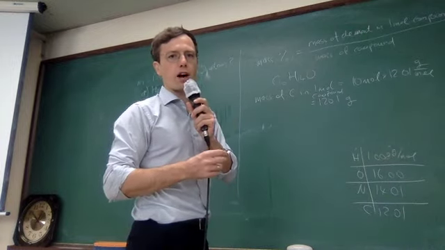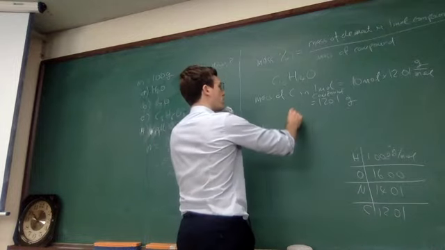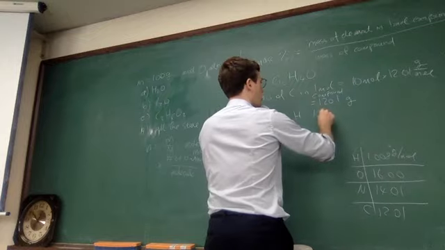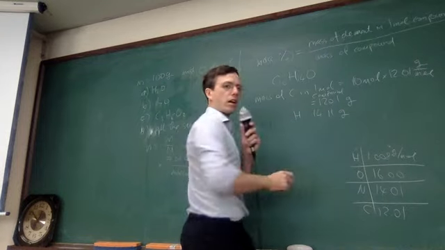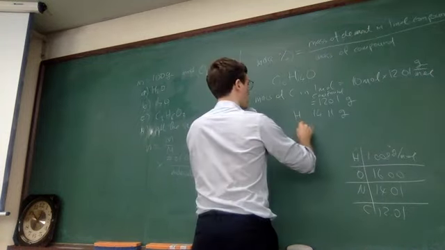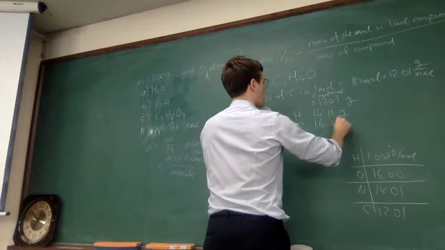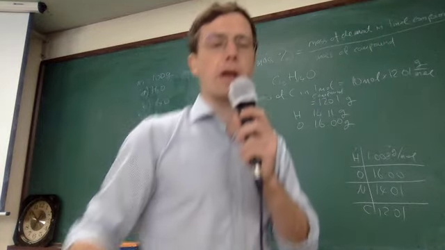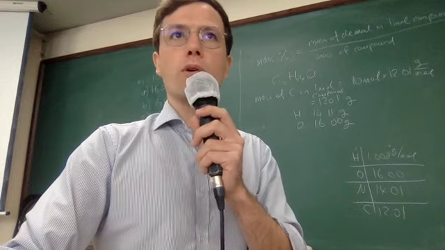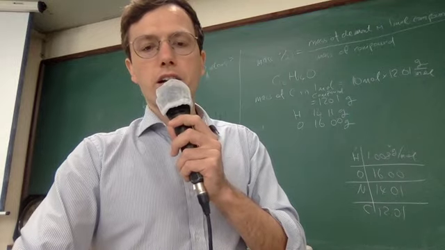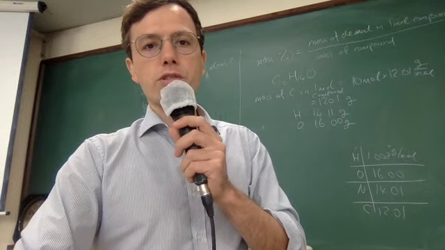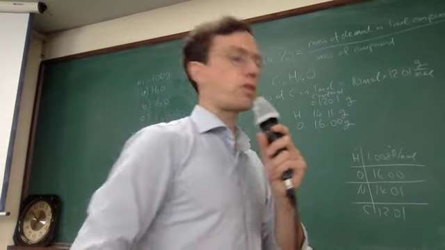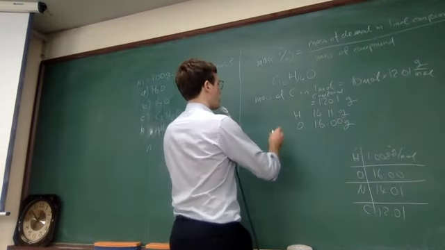You can do that for hydrogen as well. Then you get for hydrogen 14.11 gram. You get for oxygen 16.00 gram. Now you have the mass of each of the atoms in 1 mole, right? And then you simply take the sum of them to get the total mass for 1 mole.